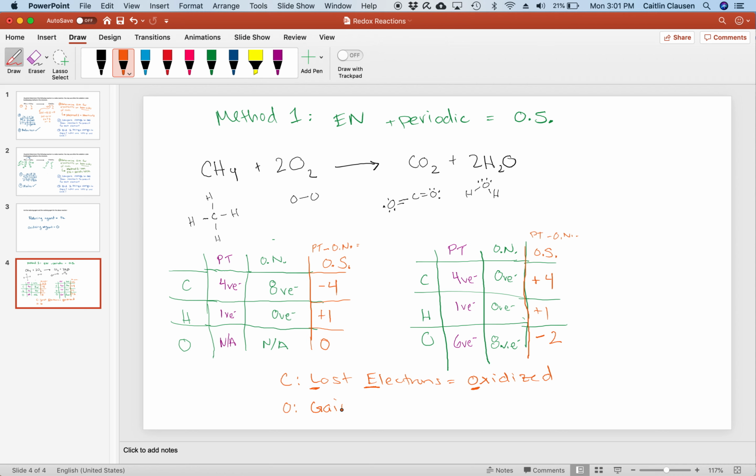Oxygen had to have gained electrons in that case, because electrons are negative charge. Gaining electrons is a reduction, or GER. That means this is a redox reaction.